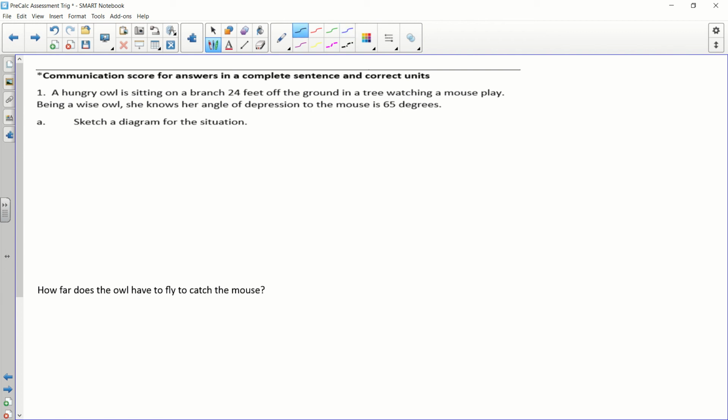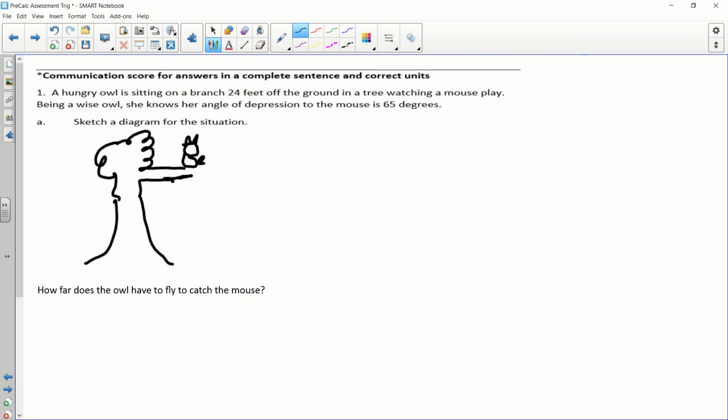Let me sketch out my diagram. We didn't have to get as detailed as this, but what the heck, we're in quarantine. I got some time. So I got an owl. Admire the artwork.